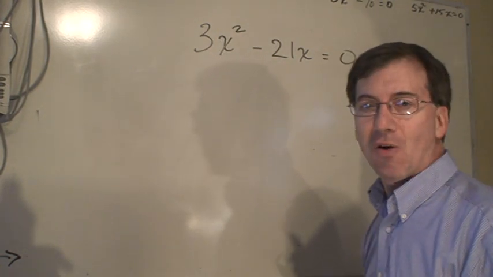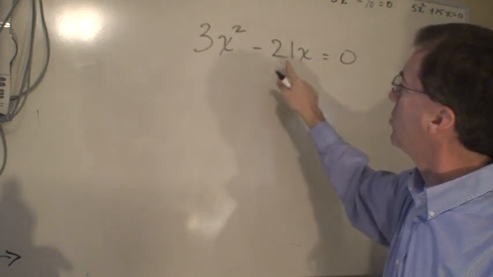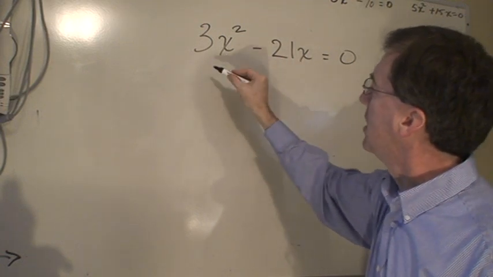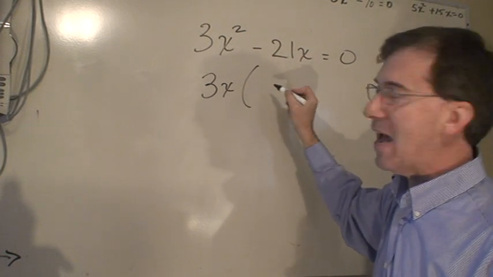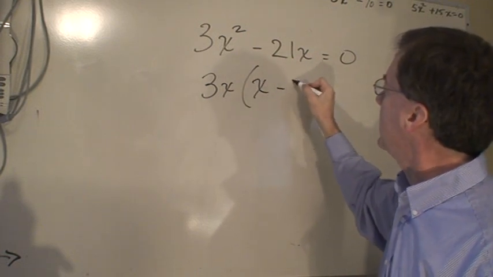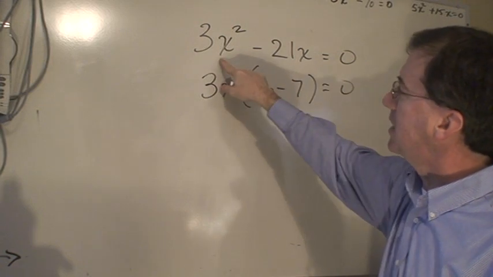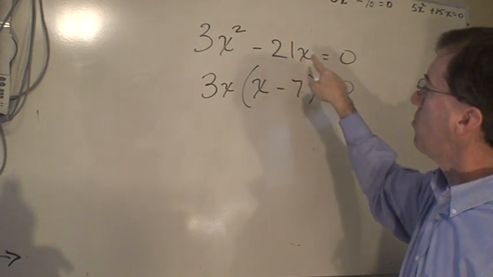I can factor out a 3 and an x, because if you'll see, there's a 3 in both 3 and 21, and there's an x in x squared and x. So I could factor out a 3x. So I would have 3x times x minus 7 equals 0, because 3x times x is 3x squared, and 3x times negative 7 is negative 21x.